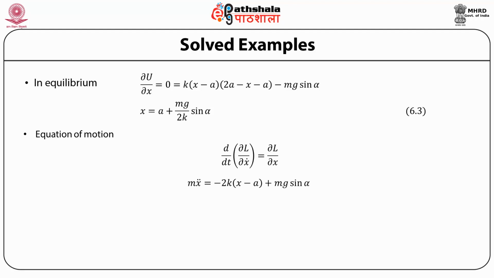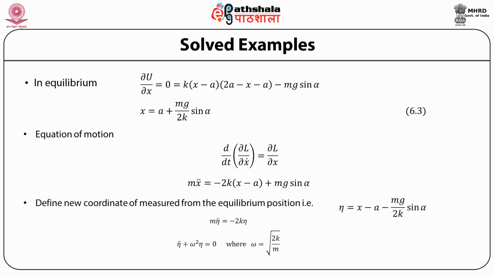Now we define a new coordinate which is measured from the equilibrium position. Let us define eta as equal to x minus a minus mg by 2k sine alpha, which means that in equilibrium eta is equal to 0.